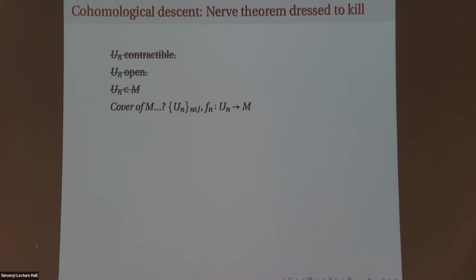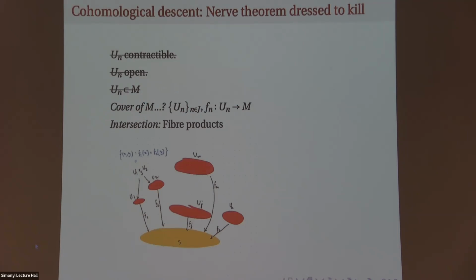And this gives us a definition of a cover of M. I should pull up the whole cartoon because it's easier to see there. A cover is just maps from spaces to the base space, and intersections of these are given by fiber products, which, when these spaces are subsets of the base space M, give you precisely intersections of these open sets, and internally the nerve.